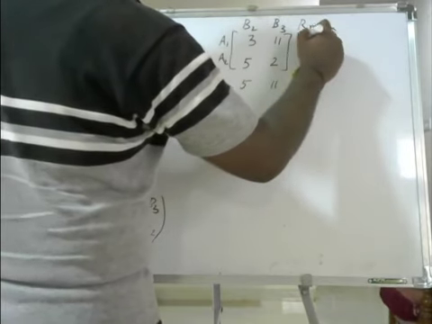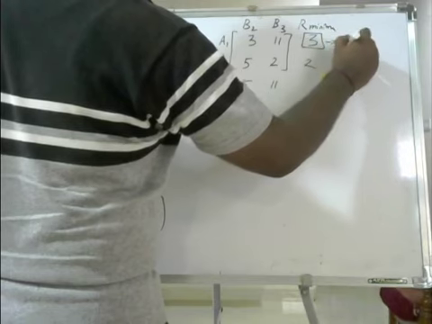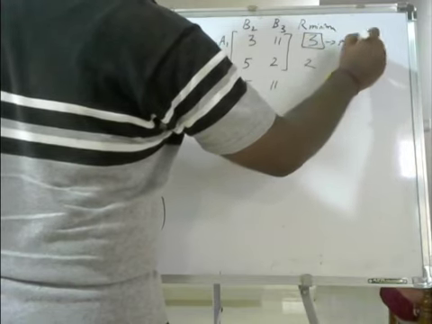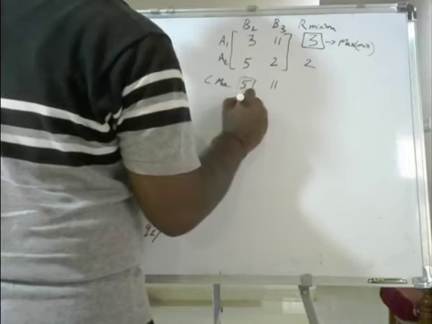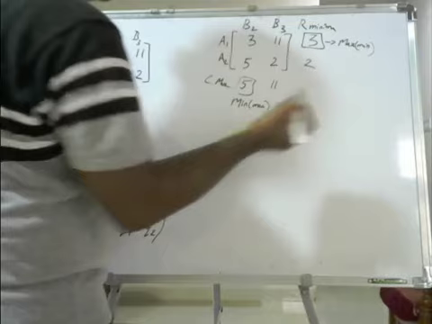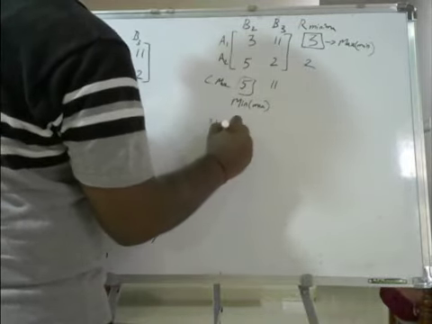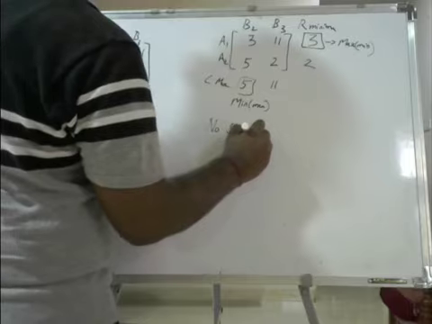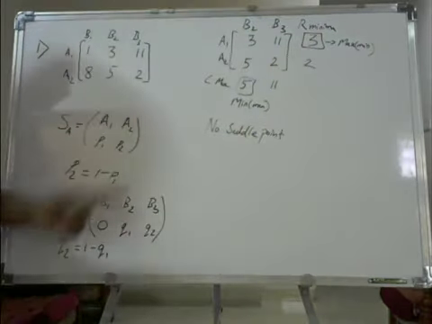So the maximin is 3 and the minimax is 5. There is no saddle point here.